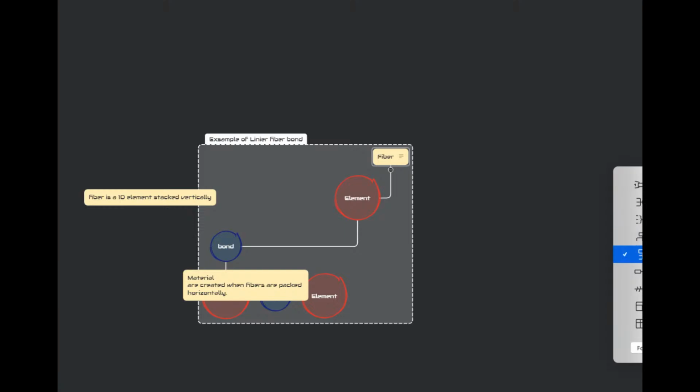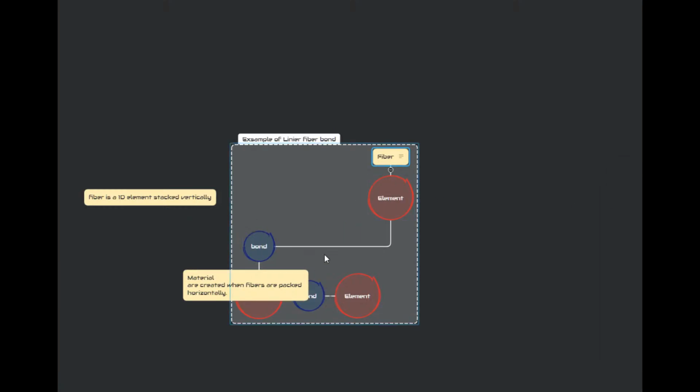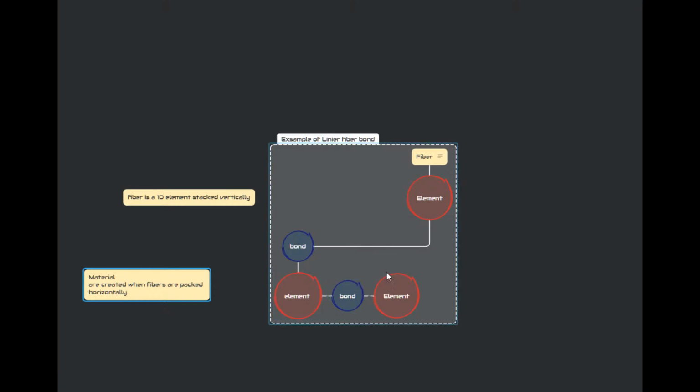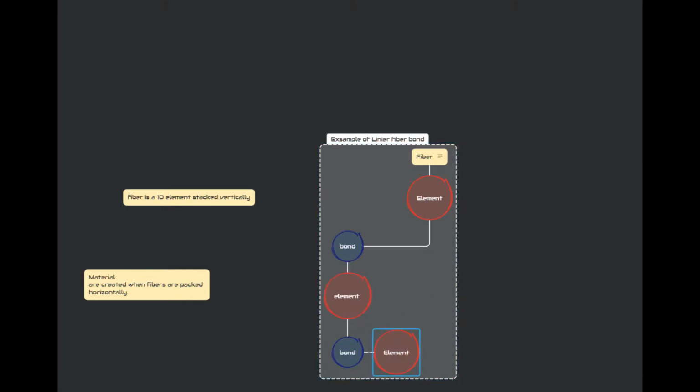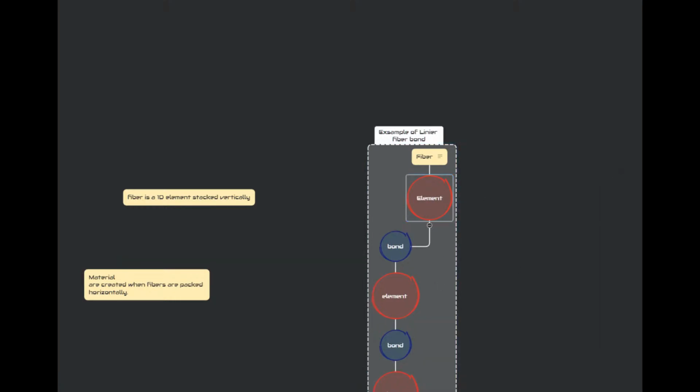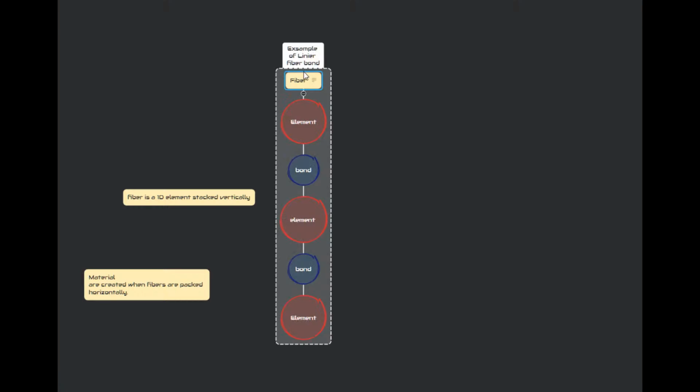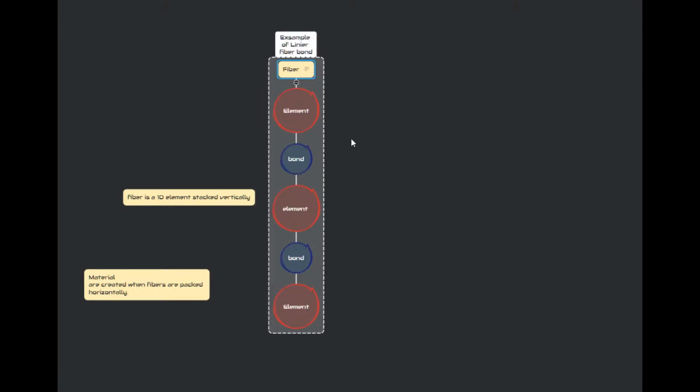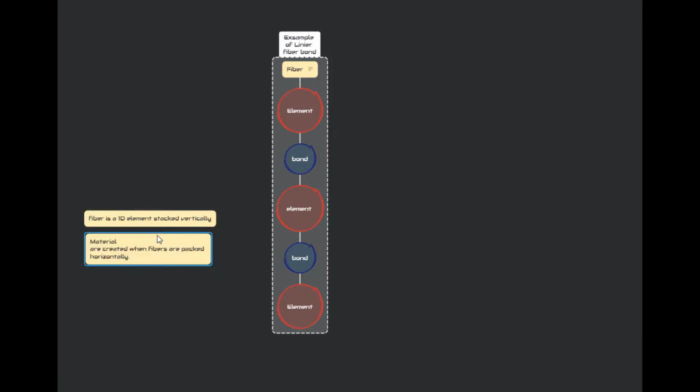Wait a minute. Okay, there you go, that looks a little better. An example of a linear bond: element, bond, element, bond, element. And you extrude this. These types of materials are extruded. Fibers are what it is.